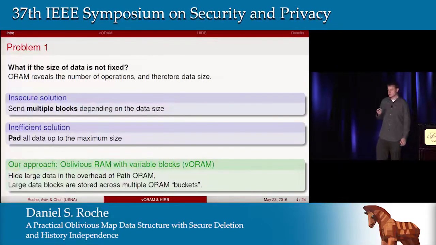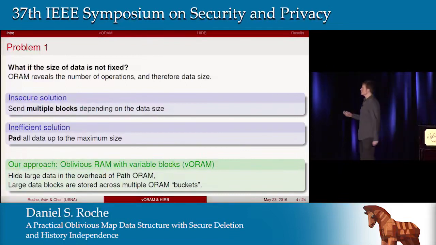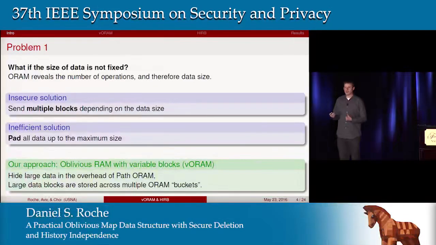And so the first thing we looked at in the first construction we'll see is what we call the VORAM, where the V stands for variable size blocks. And what this allows you to do is to store variable size blocks within an ORAM and still get that obliviousness, so there's not going to be any correlations possible.